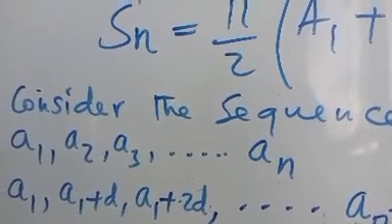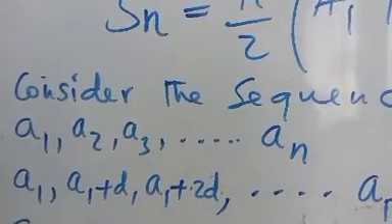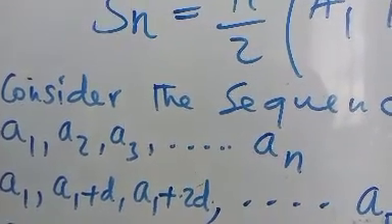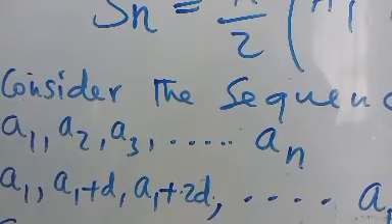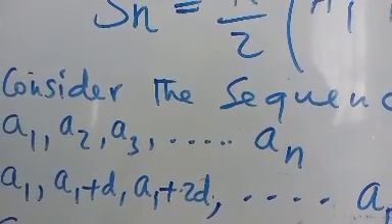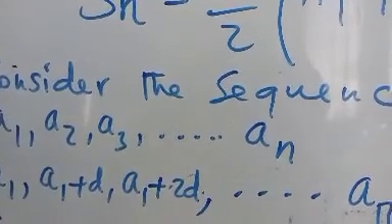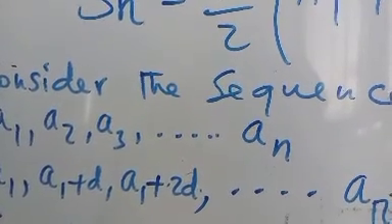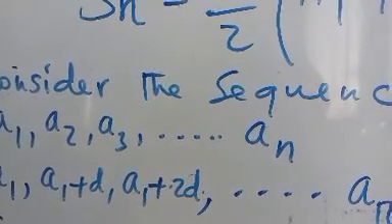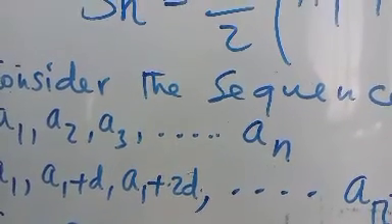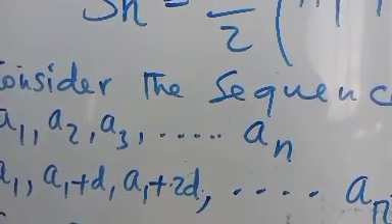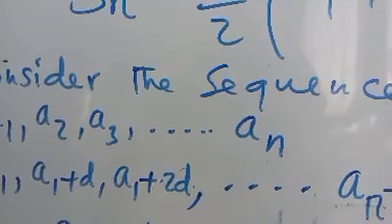So our terms will be a1, a1 plus d. In order to get the third term, we take a1 plus 2d, meaning that you take the common difference and add it 2 times.